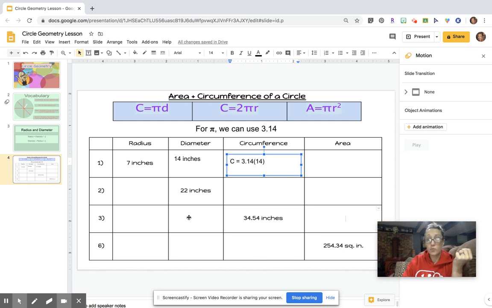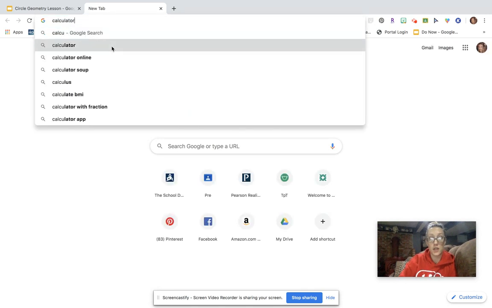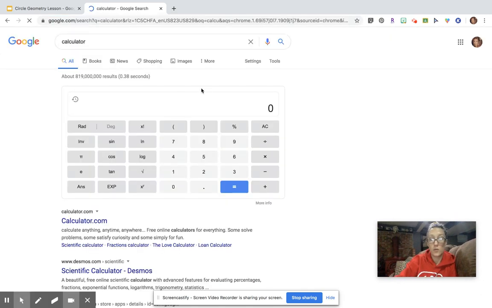And let's see here. If I want to just go to calculator, I can do 3.14 times 14.